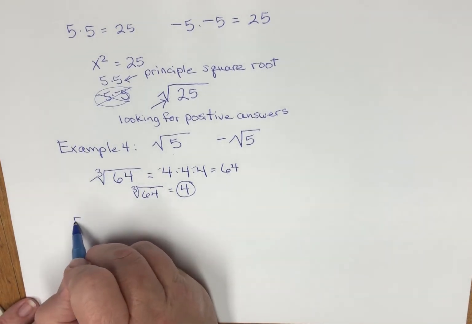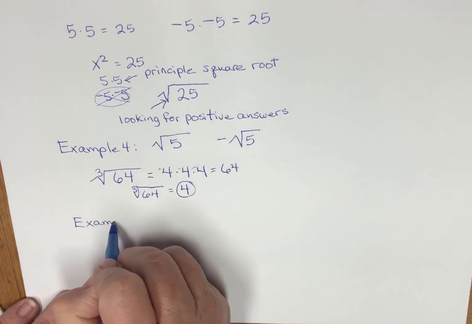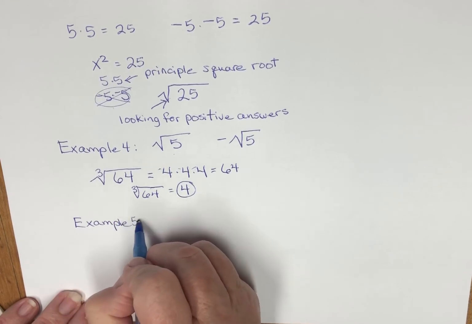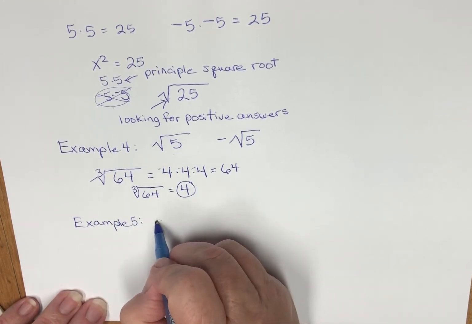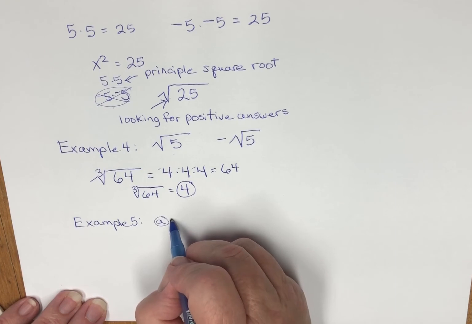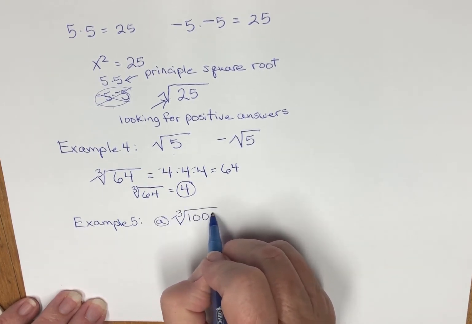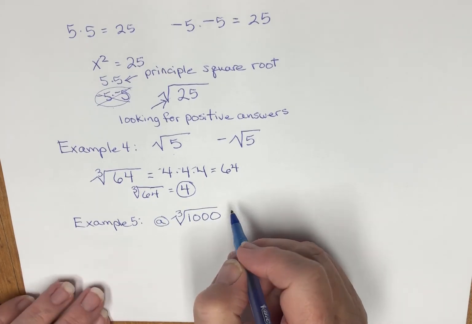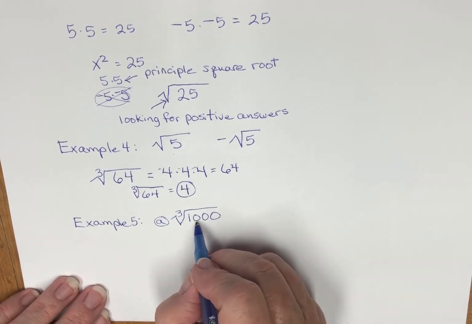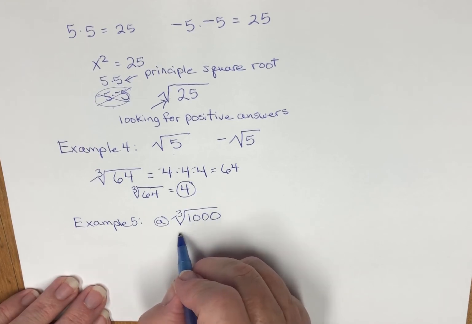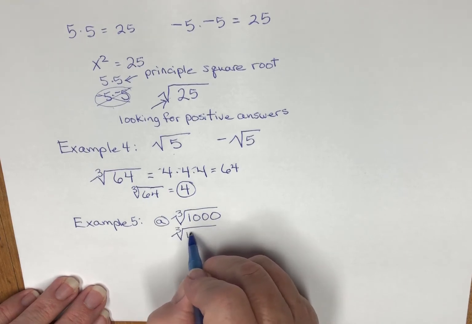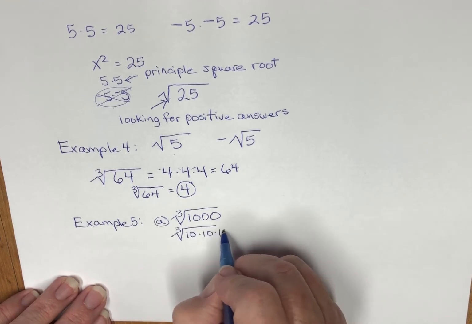Look at example 5. A has the cubed root of 1,000. Now we know that 10 times 10 is 100, 10 times 100 is 1,000. So our cubed root would be 10 times 10 times 10.